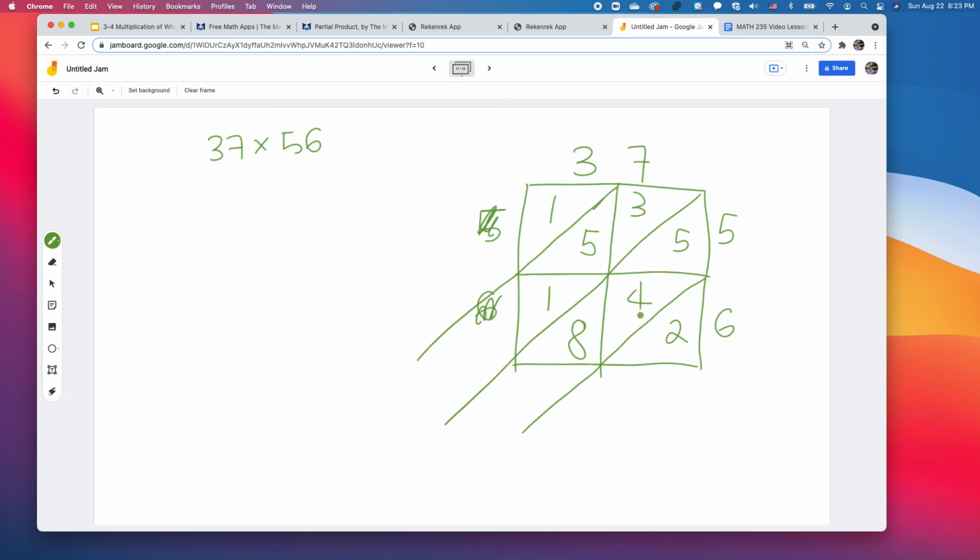Now, what we are doing here is we're just gonna add these numbers together.